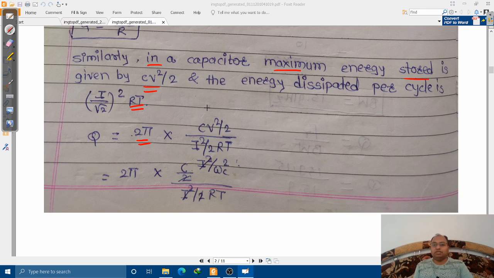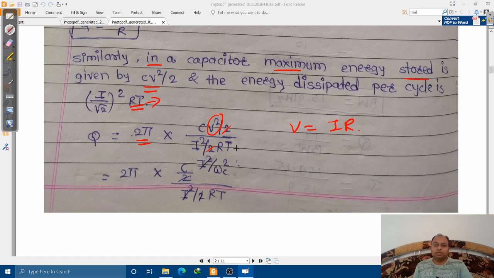Now let us put these into the equation of Q. Half CV square is inserted, and this goes in the denominator. Can I cancel out divided by 2? Yes. Then what is V? V is nothing but IR.